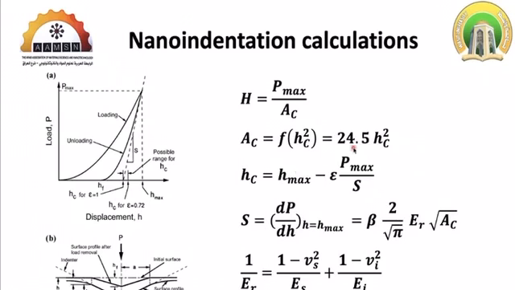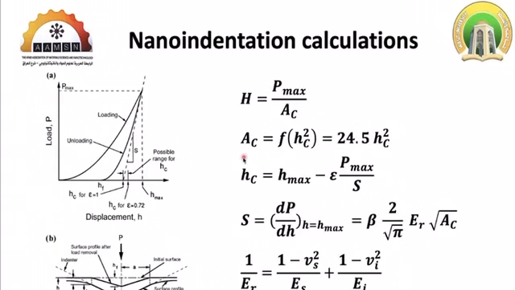After doing some math, we get 24.5 times HC squared for the Berkovich indenter. So AC is defined by this equation for Berkovich. We have other equations already derived for Ball, Vickers, Knoop indenters, and so on.